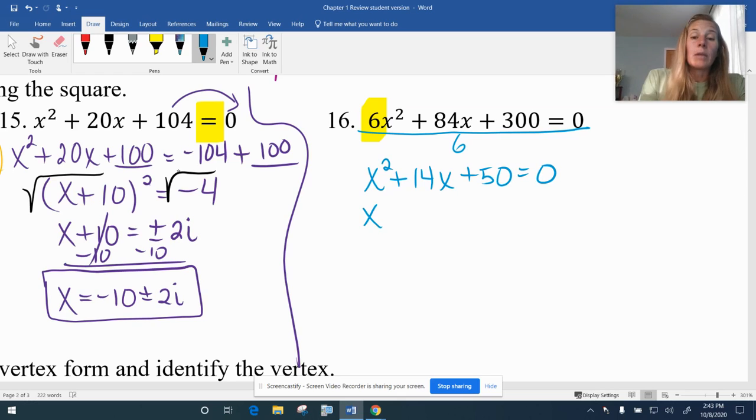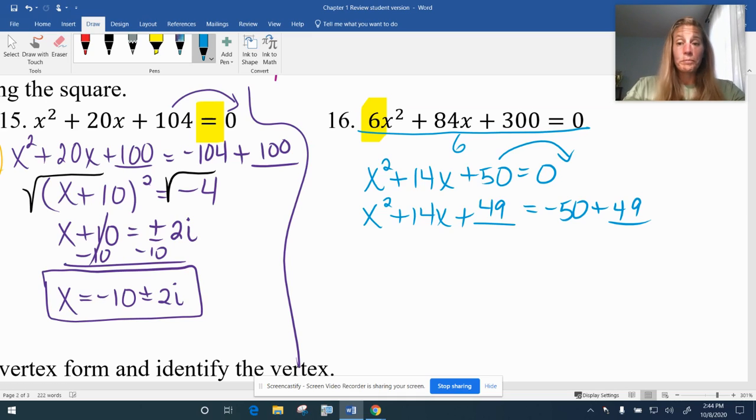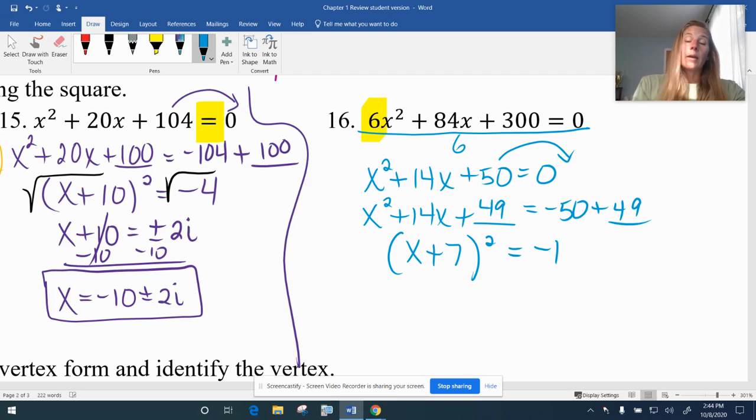Now we can do the same thing we did in the previous two problems. So half of 14 is 7, and 7 squared is 49. So in order for me to add this 49 to both sides, I have to move my 50 over first. Now that I have my 49, I can factor this into the square of a binomial, so x plus 7 squared, and I combine my like terms on the right, and I get negative 1.